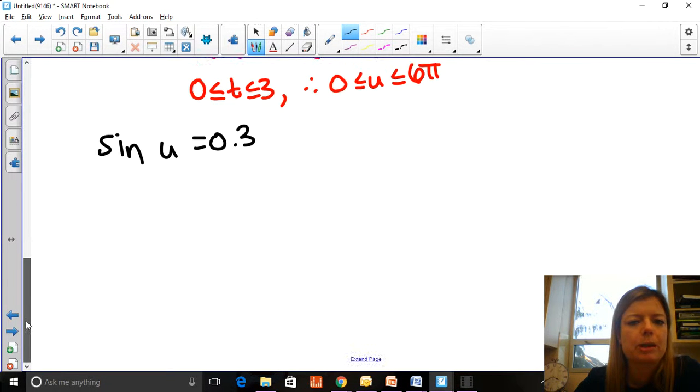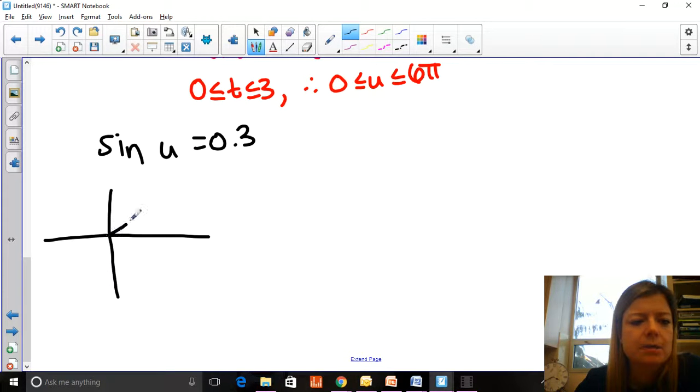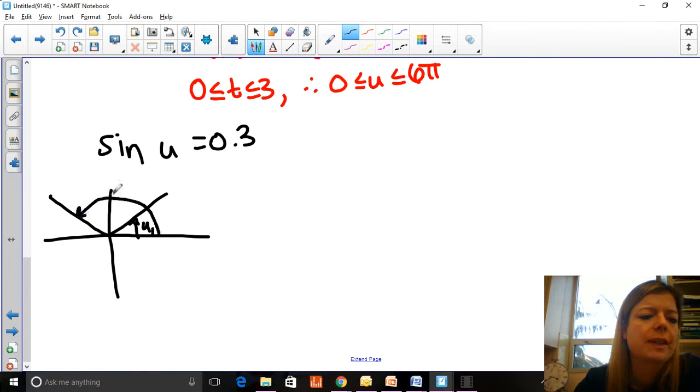Now this is just a regular old trig question. Okay, so we draw our axes. Where would sine be positive? Well, sine is positive in this quadrant, so here's our first u that we need to solve for, and sine is positive in this quadrant, so there's our second u we need to solve for. They share the same related acute angle, beta.